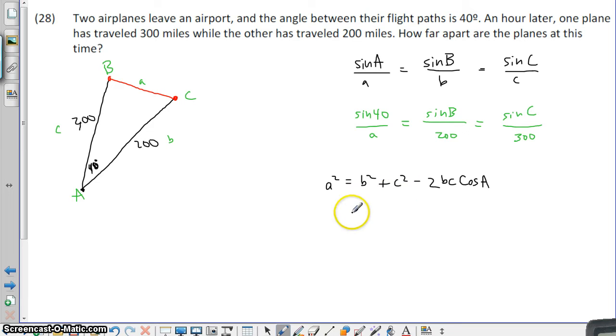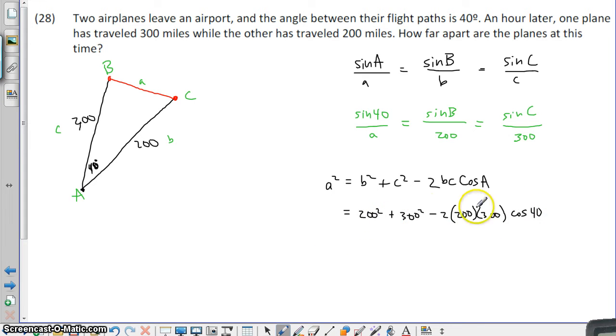I do know b, I do know c, so I can plug those in. In my problem, it's going to be 200 squared plus 300 squared minus 2, again, b is 200, c is 300, times the cosine of the angle A, which is 40 degrees.